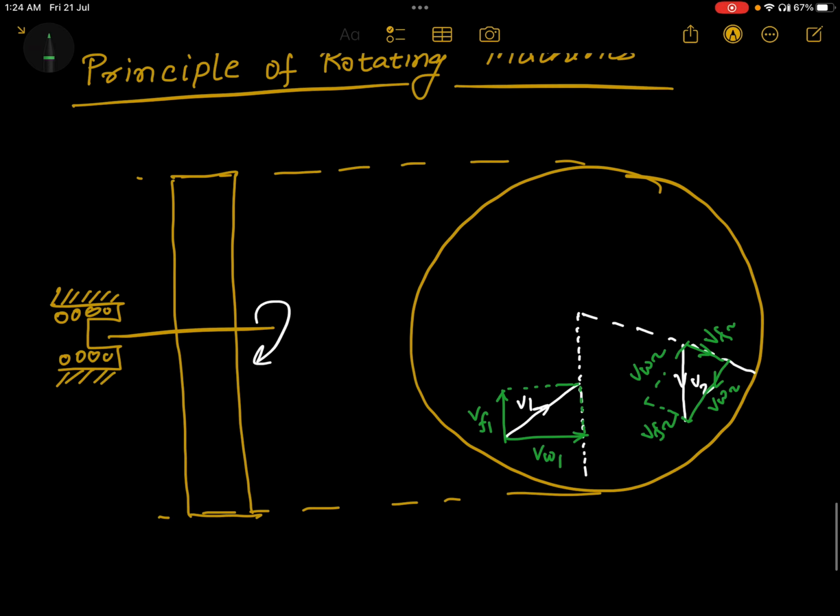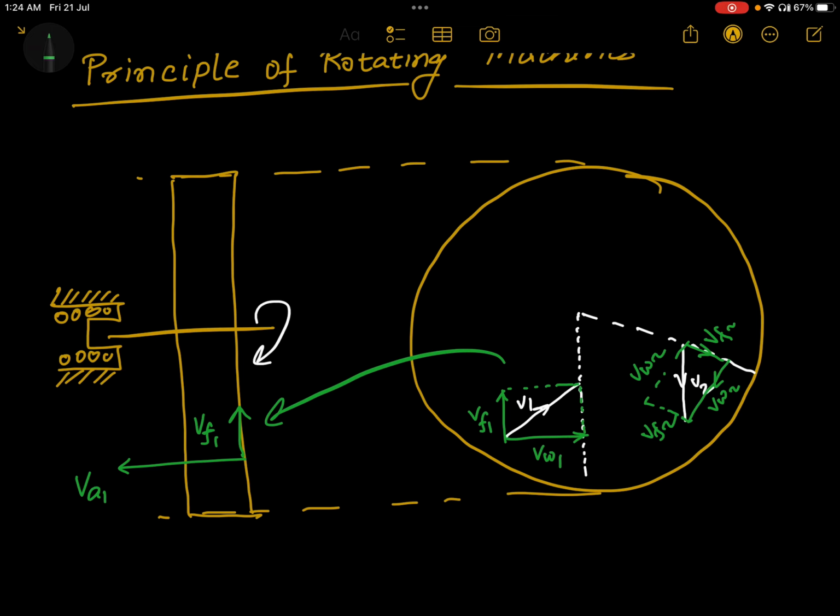Now one more thing you can see here: if you apply this velocity diagram, then you will only be able to see VF1 in this direction, that is the flow velocity, and one more velocity, which is Va1, the axial velocity, if the fluid is at an angle.